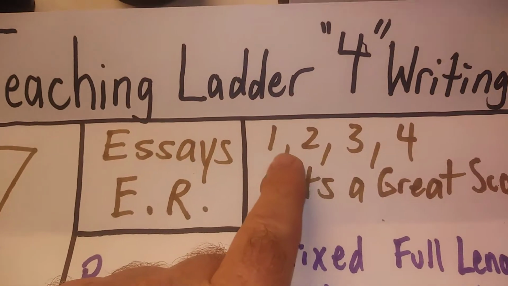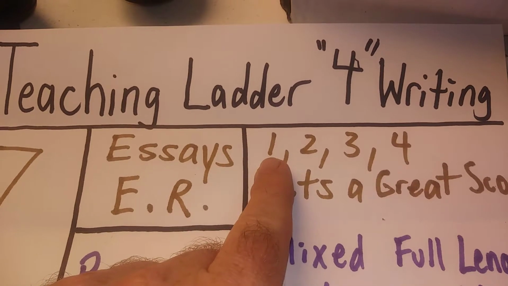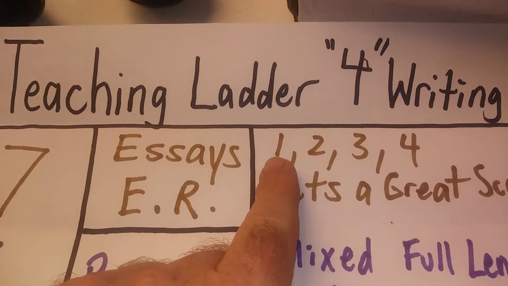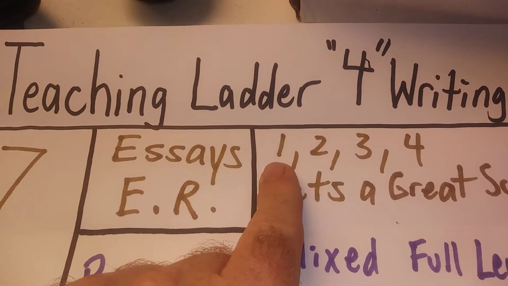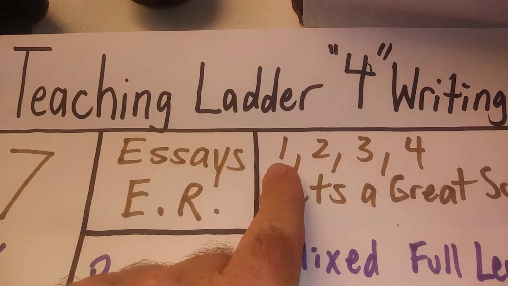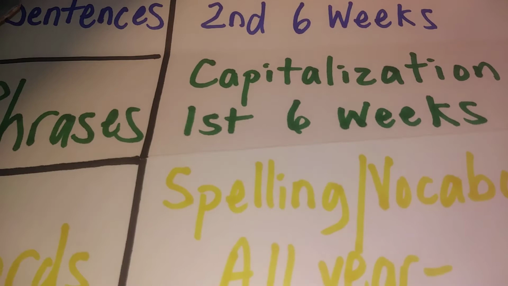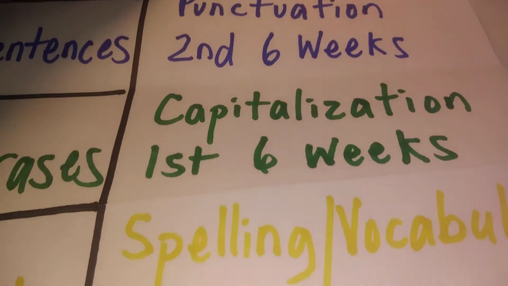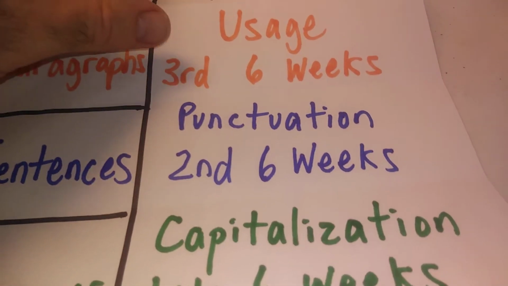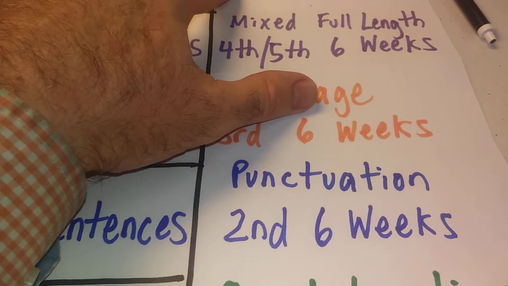So here's my suggestion. If you're really wanting to stress the importance of quality over quantity, I highly suggest that you work on one essay during the first 6 weeks. Build all of the skills that are written here in the essay over time, and it gives you time to cover all of these things because you're not trying to do an essay every week.